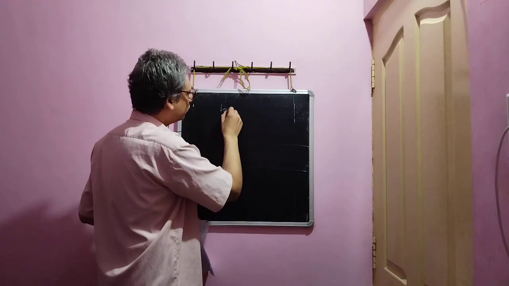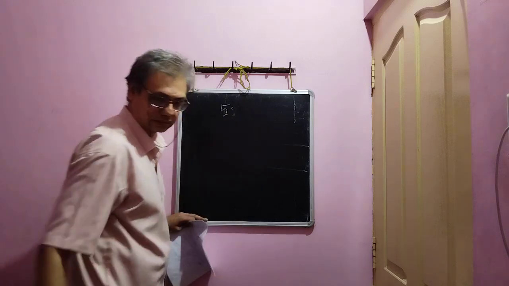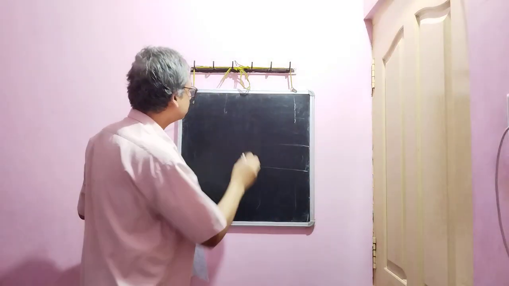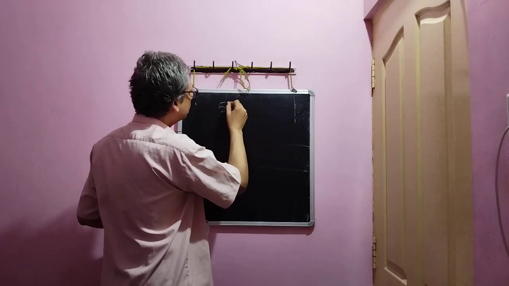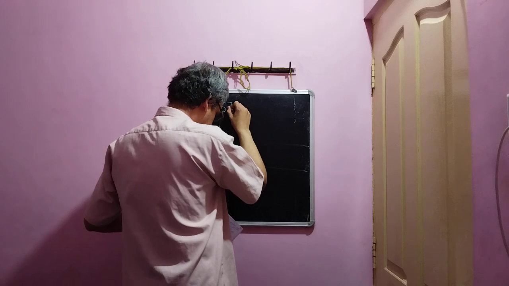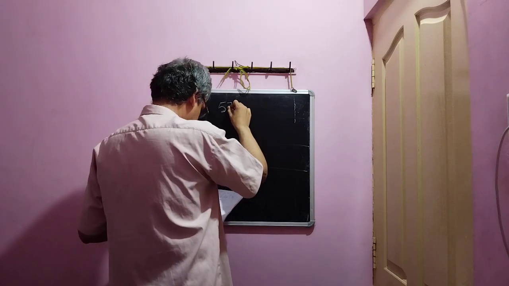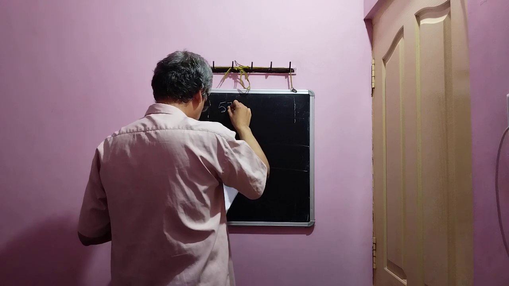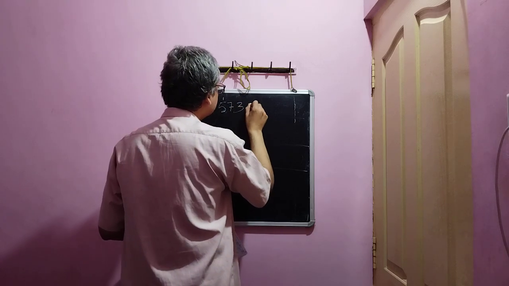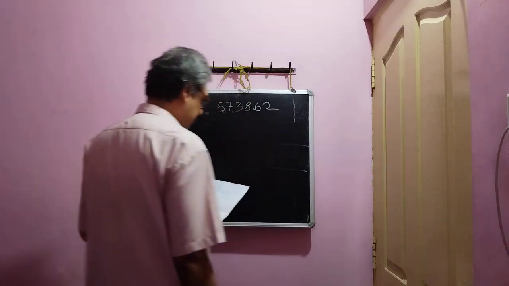Here I wish to perform an ordered hash of a 6-digit number. Here, the example that I'm taking is 573862.